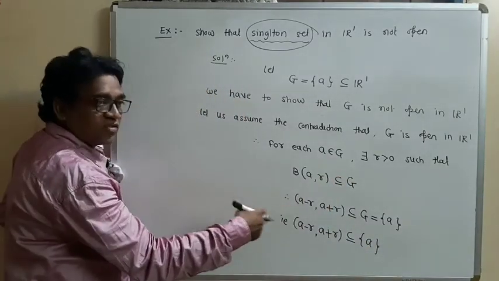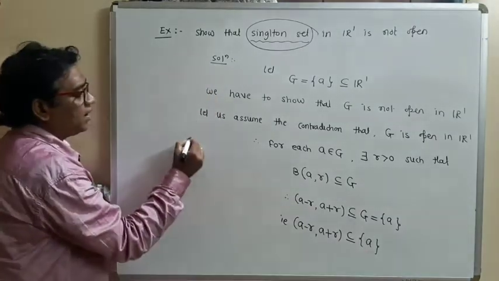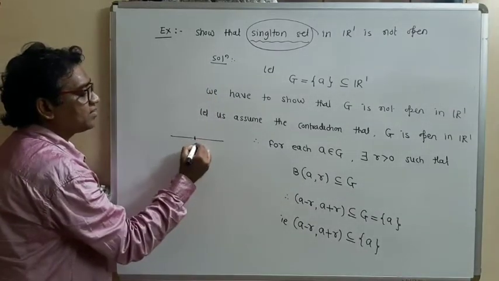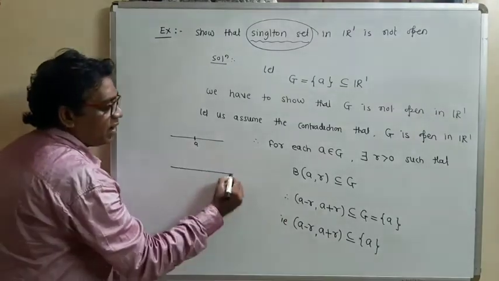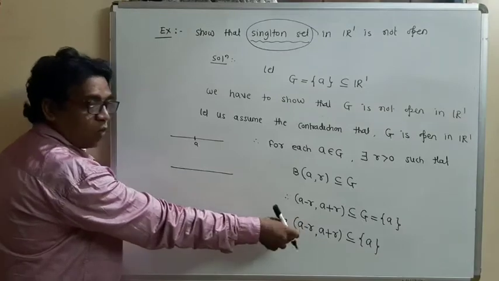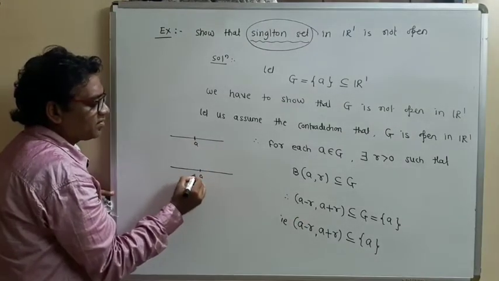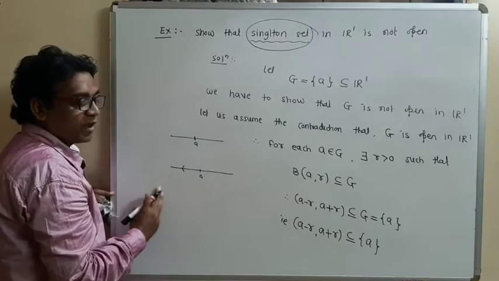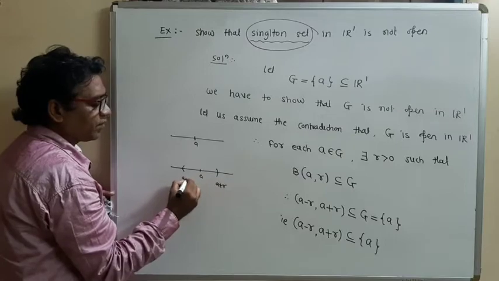Now this is never possible, because the right hand side contains just one element; it is a singleton set. And the left hand side is some open interval a minus r to a plus r. a minus r is the left portion and a plus r is some right portion.